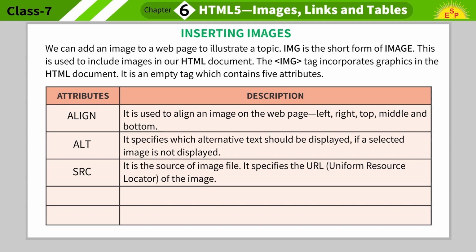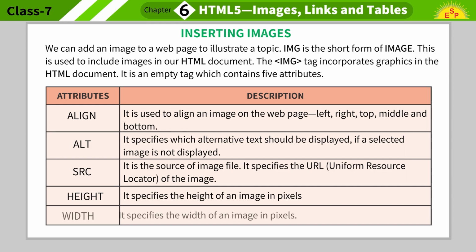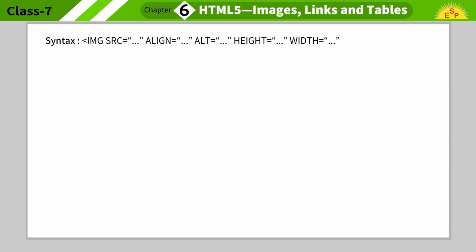It specifies the URL (Uniform Resource Locator) of the image. Height: it specifies the height of an image in pixels. Width: it specifies the width of an image in pixels. Syntax: IMG SRC equal to, align equal to, alt equal to, height equal to, width equal to.